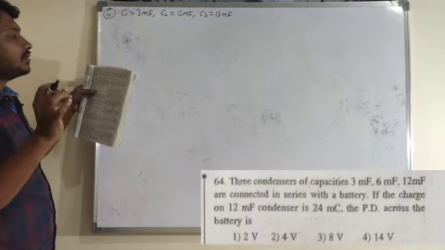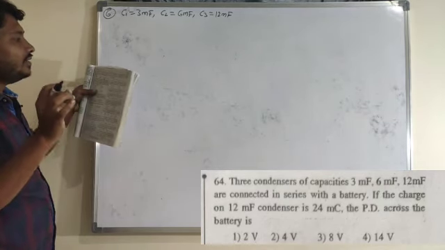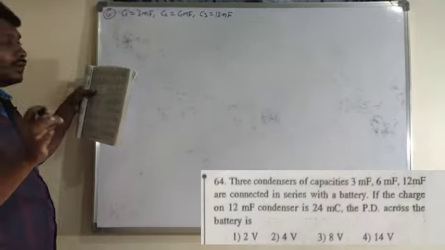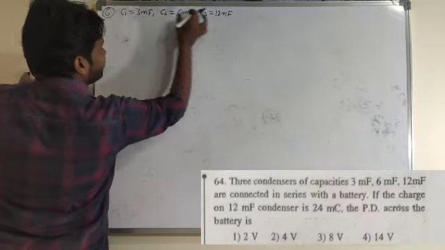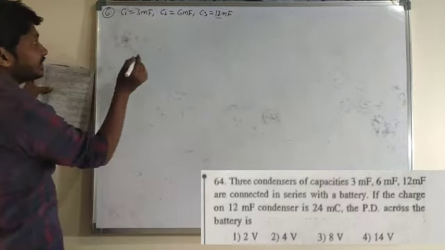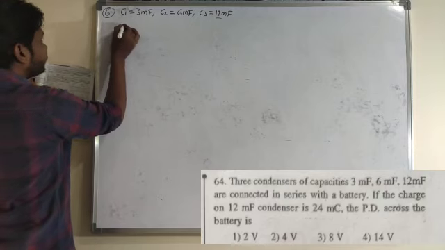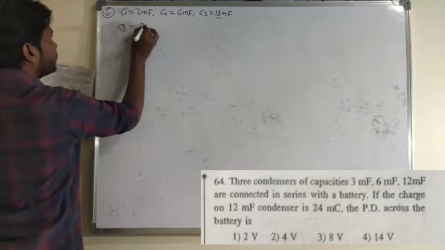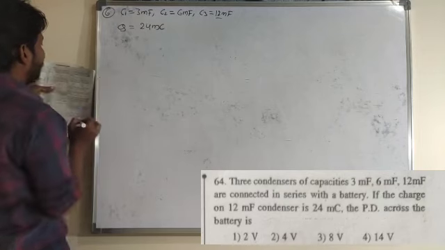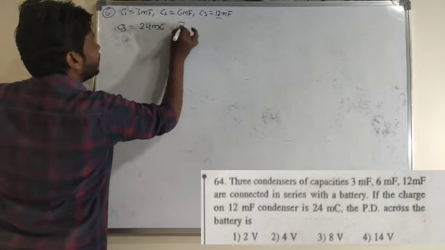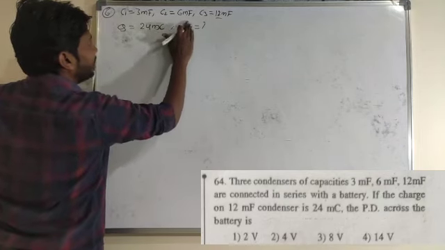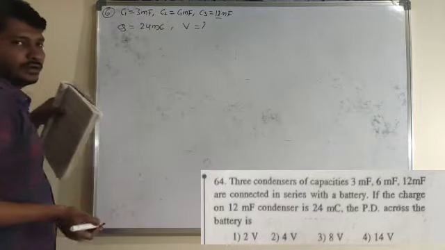If the charge on the 12 millifarad condenser is 24 millicoulomb, in a series combination the charge remains the same. So Q value is 24 millicoulomb. Then the potential difference across the battery, so I need to find the V value.